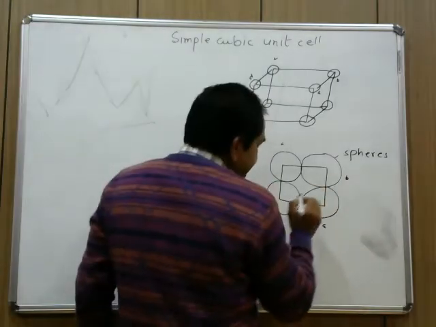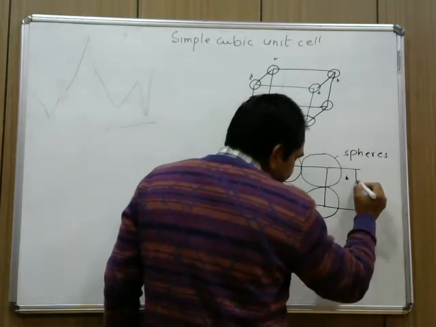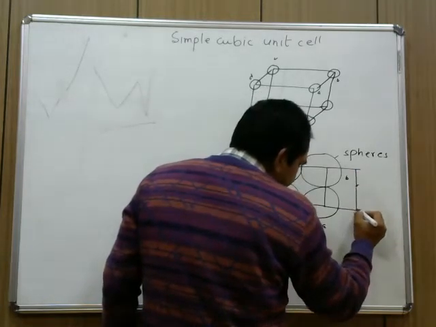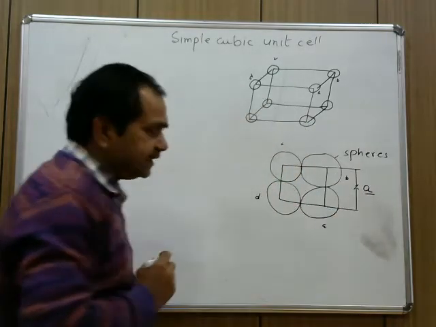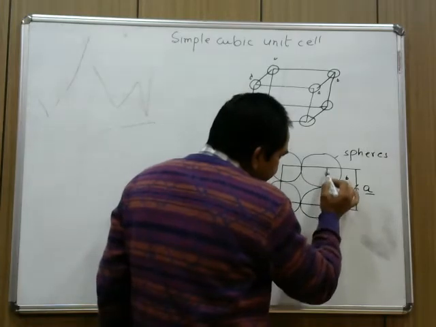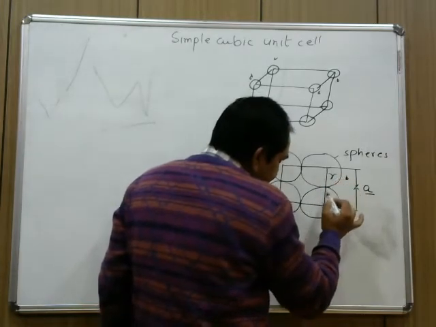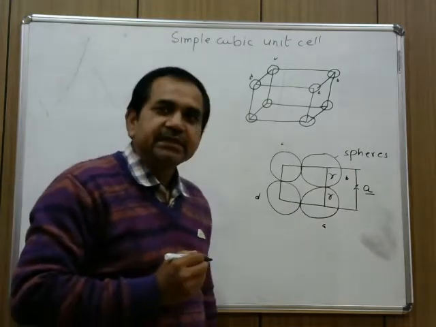And this distance is the edge length a. And from here to here, this is the radius of the atom, r.